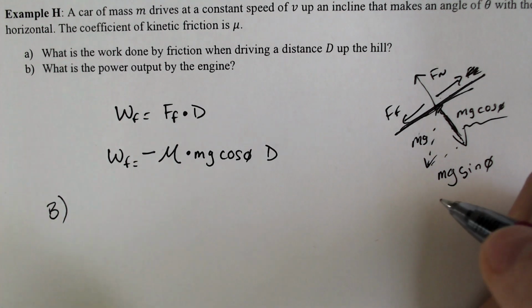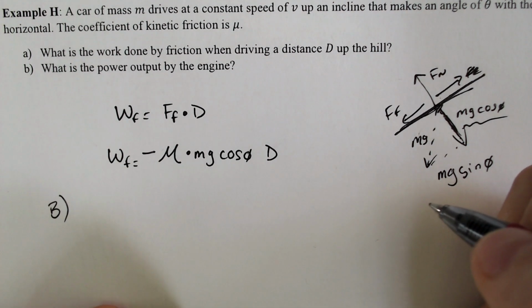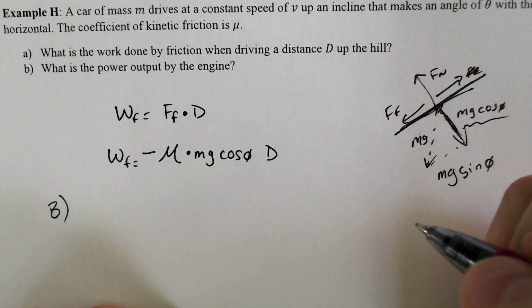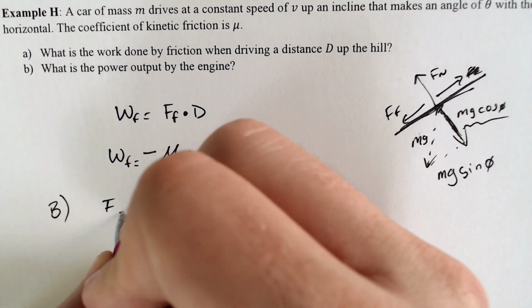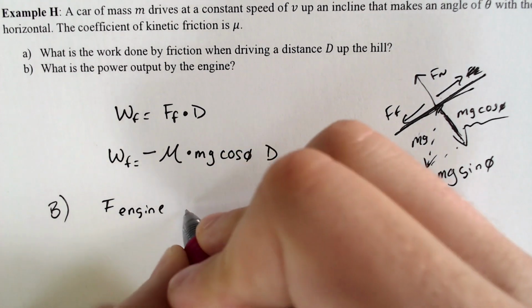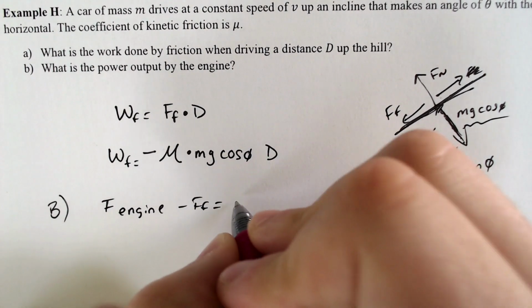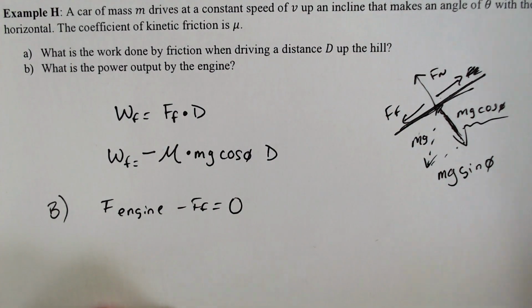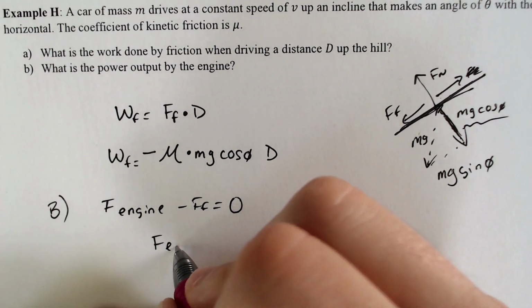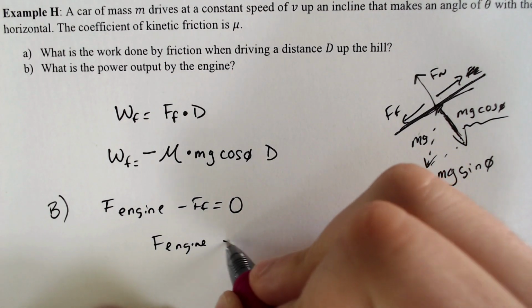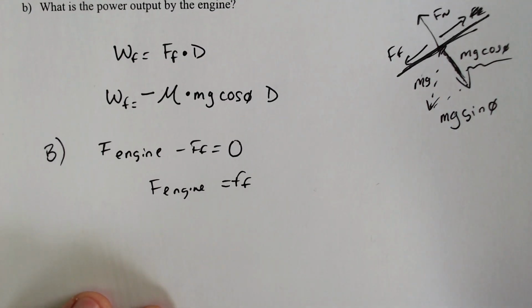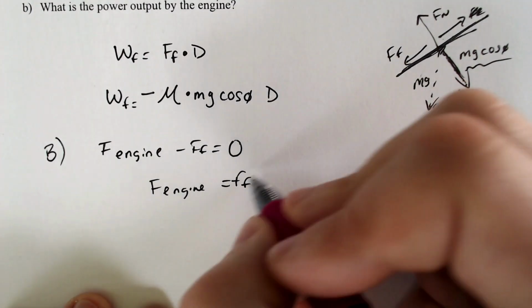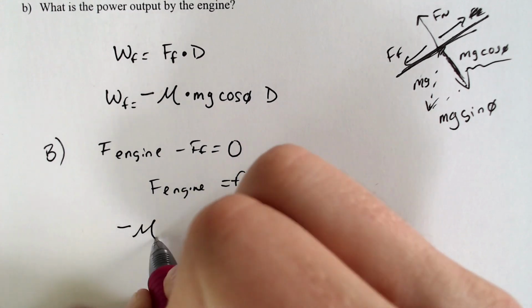The net force is the force of the engine minus the force of friction, which is equal to 0, which means the force of the engine is equal to the force of friction, and therefore we know the force of friction would be negative mu times mg cosine theta.